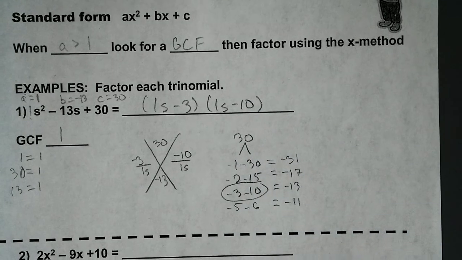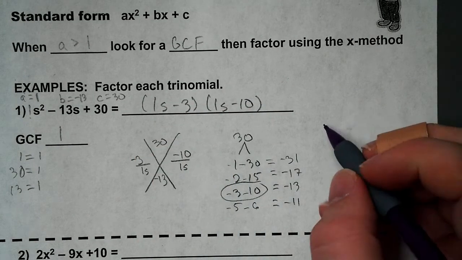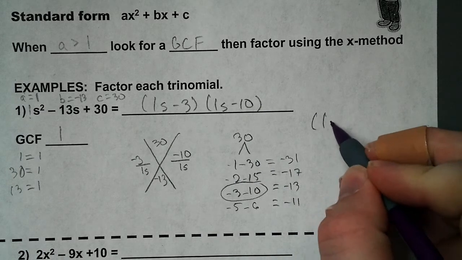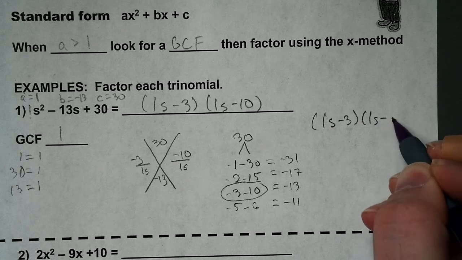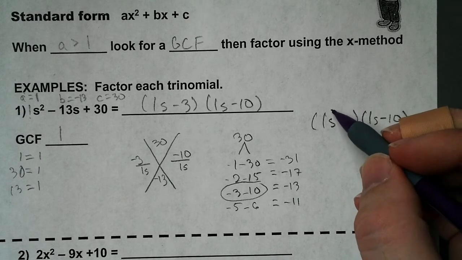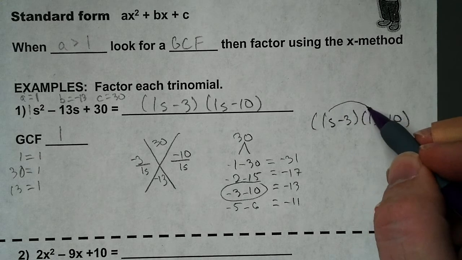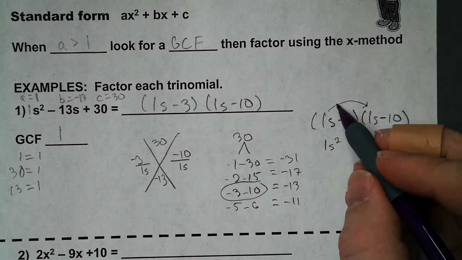Now, if you want to check your answer, you can take these values, you can do FOIL, and you can multiply it out. So we're going to do that on this first one. Remember, FOIL, it's just double distribute. So this times this, 1s times 1s is 1s squared.